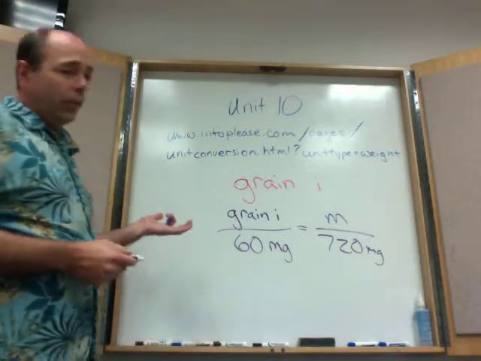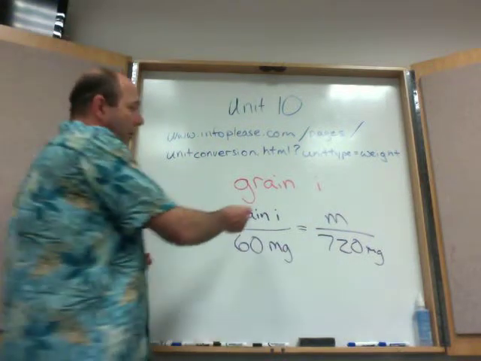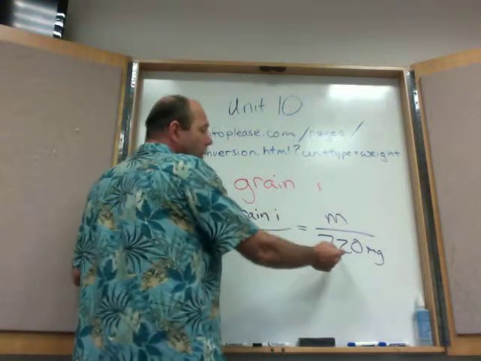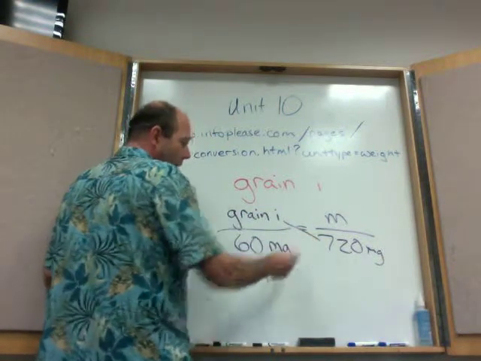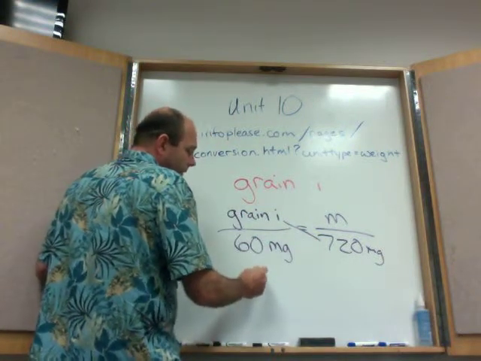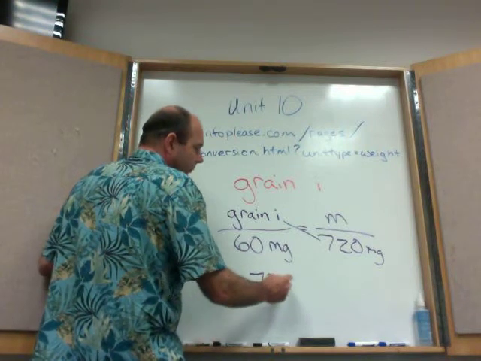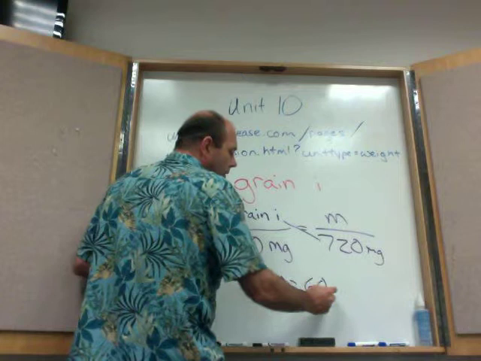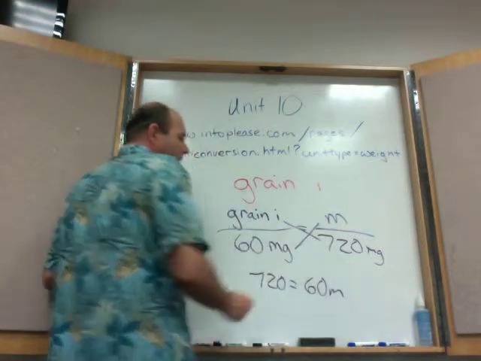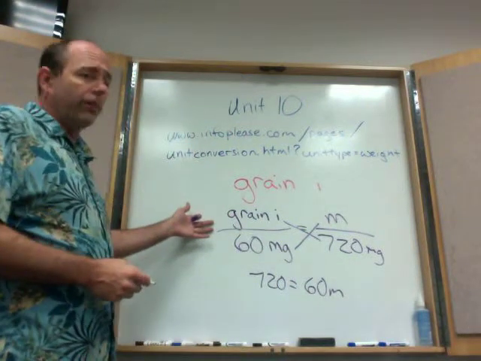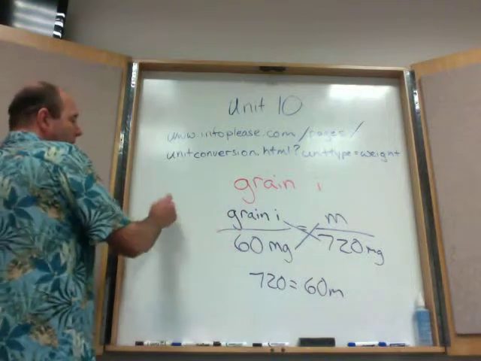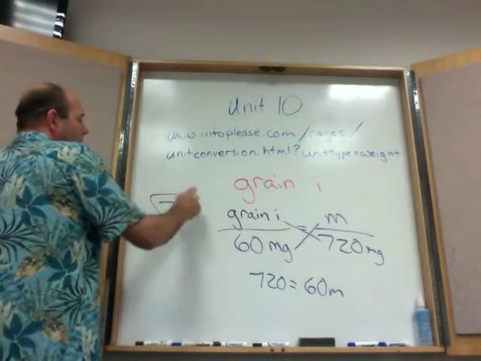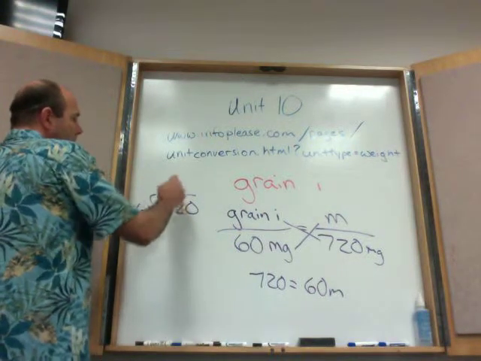Well, you're going to go ahead and cross multiply just like you would. Remember, this is 1. So it's 1 times 720, which is just 720, equal to 60 times the unknown. You set up your cross multiplication to solve for the unknown, and then it's a simple division problem.